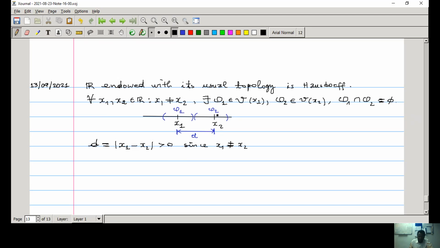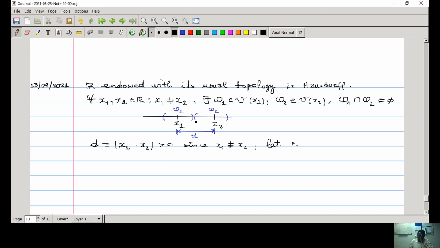Now I can take the radius of either of these to be less than d by 2, because remember that from here to the middle somewhere there, if I take that to be less and the other one also to be less, they will never intersect there. So I can just let my epsilon, because epsilon will be like this radius, right? That distance.